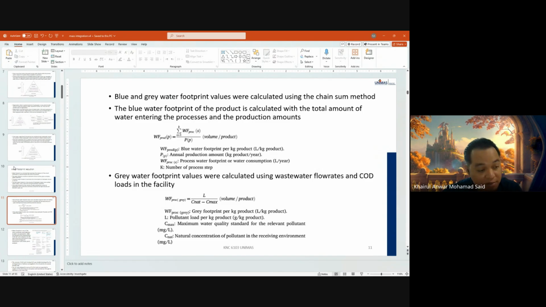It's different compared to the gray water footprint. The gray water footprint is calculated using the wastewater flow rate, which makes sense because it's directly related to the wastewater. Besides the wastewater flow rate, it can also be calculated using the pollutant mass load.